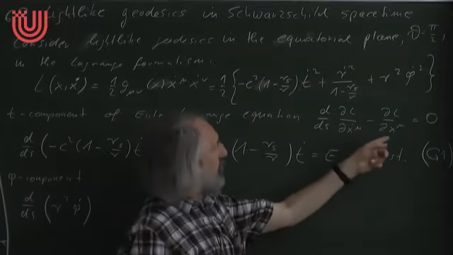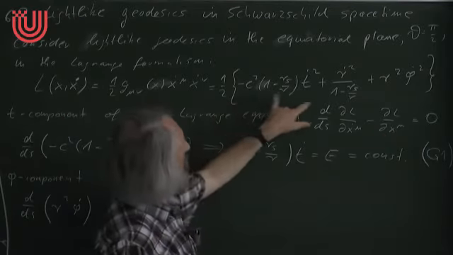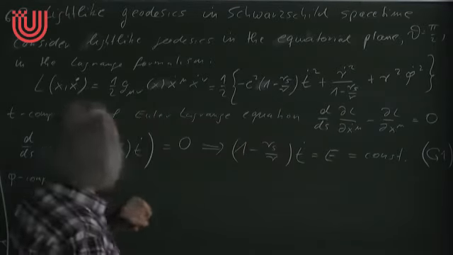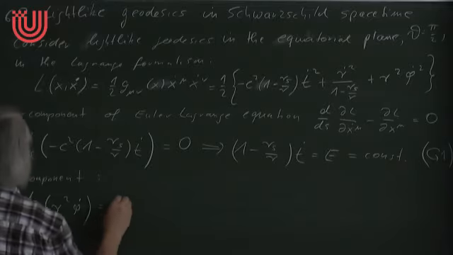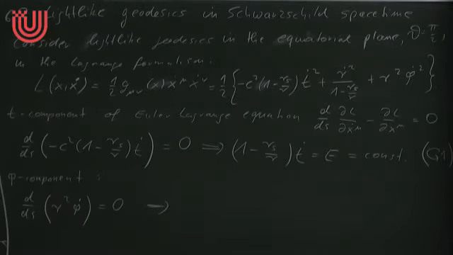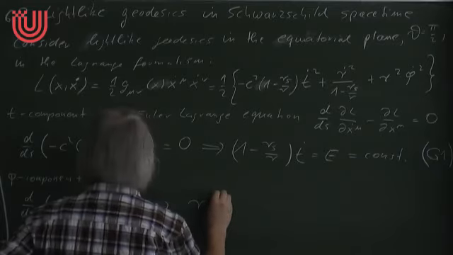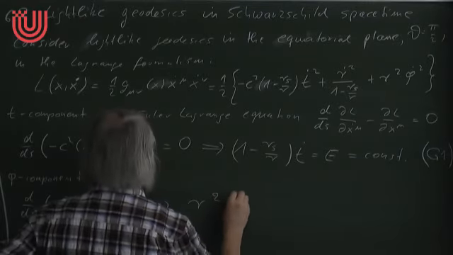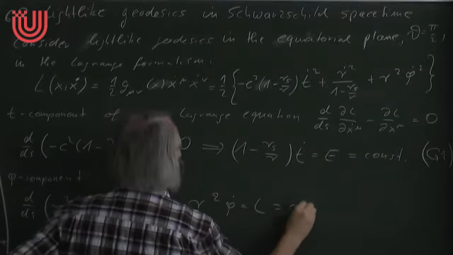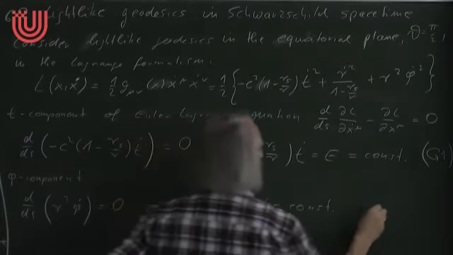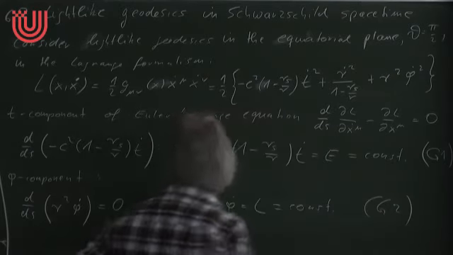And ∂L/∂phi is again 0, because I have no phi dependence here. Also ∂/∂phi is a Killing vector field. So I found the second constant of motion, and this has something to do with angular momentum. So I call it L. And this is my equation, G2.